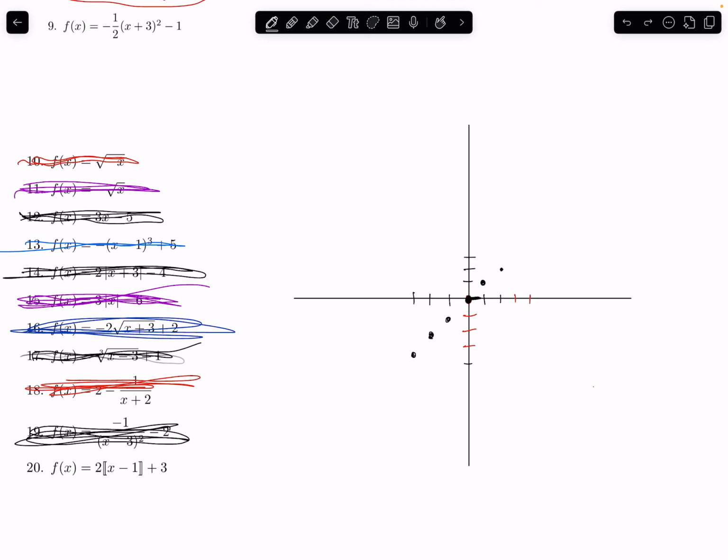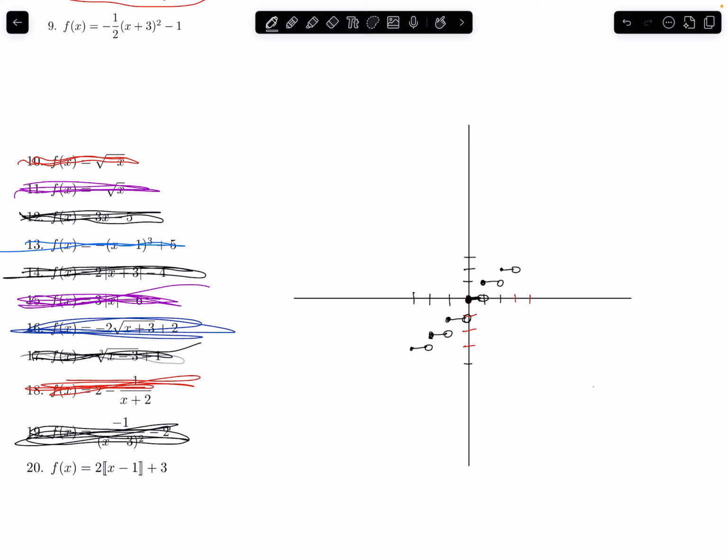So that means it looks something like this until I get to that point, right? So it looks something like this. This is not exactly accurate there. That's a little better. Okay, so that's the step function, the original one.